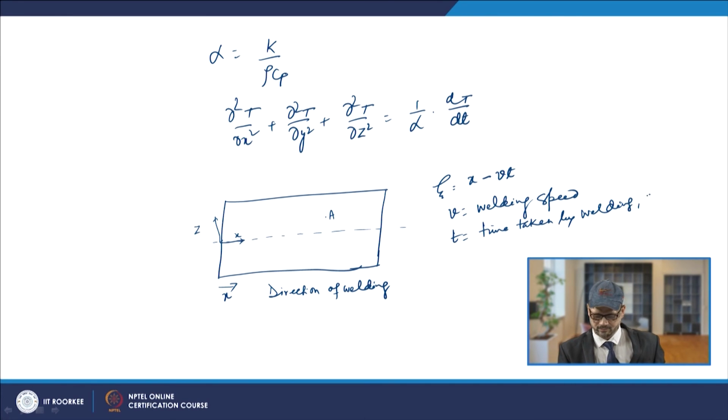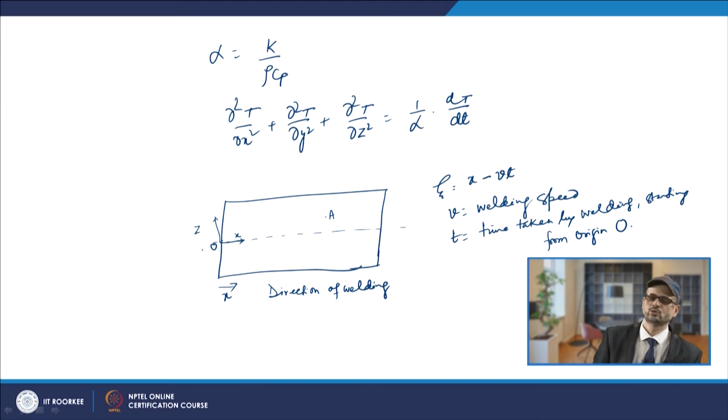So, that is starting from origin O. If you take this origin as O, after time t it will travel a distance of vt. So this distance x will be x minus vt. That way your zeta comes into the picture.